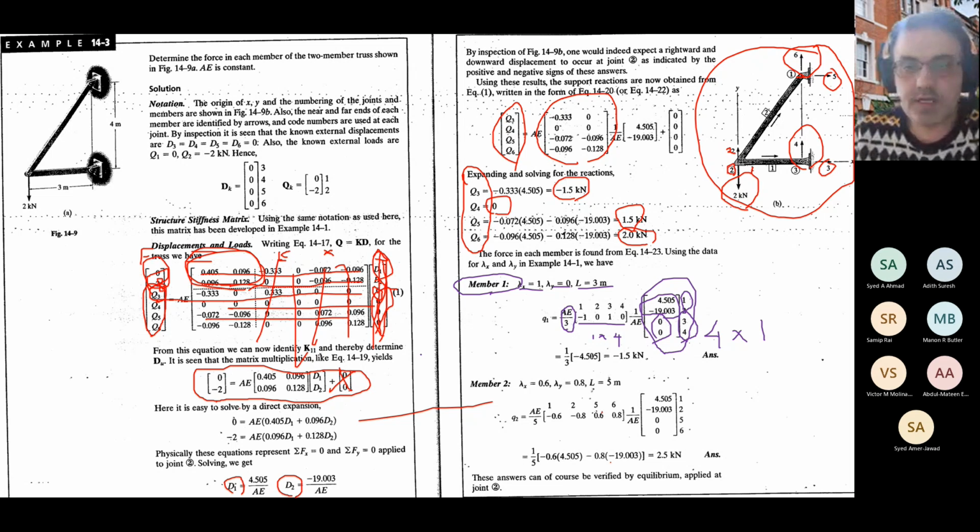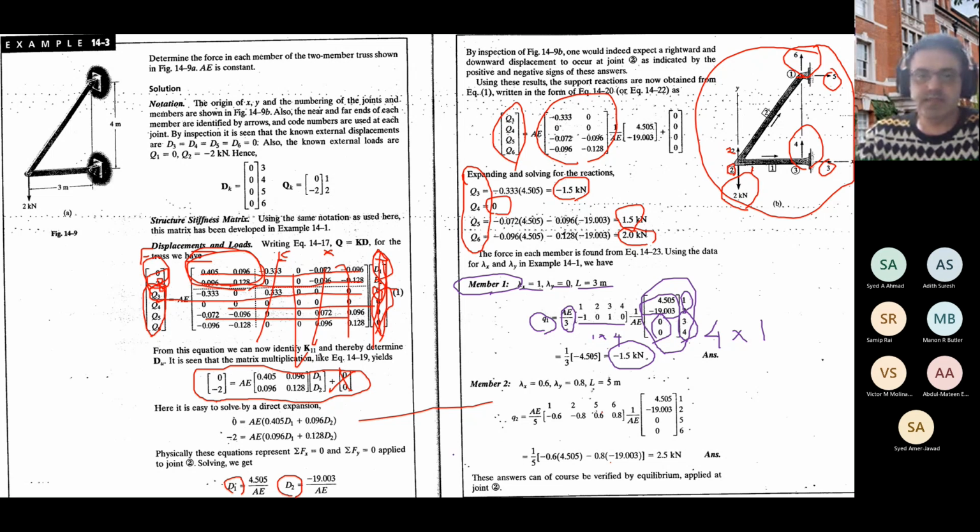So the final value for Q1 is a kind of scalar. It's just a number. It's not a matrix or vector. So if you multiply these together, you will come up with minus 1.5 kilonewton as the internal force for element number 1.